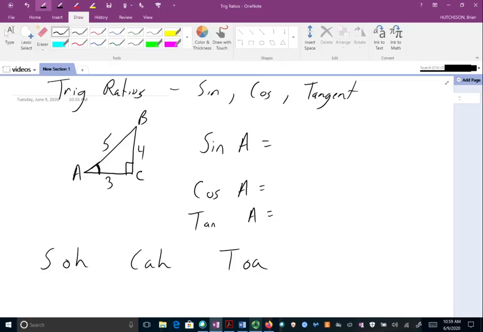So when I'm asking for the sine of angle A, it is nothing but a ratio of the opposite side over the hypotenuse. Well, opposite of angle A is 4, and the hypotenuse is 5.